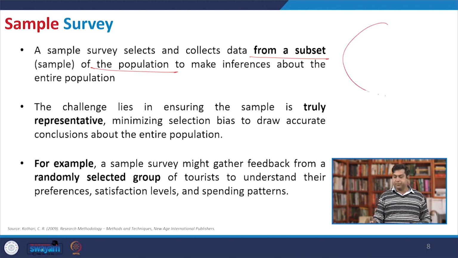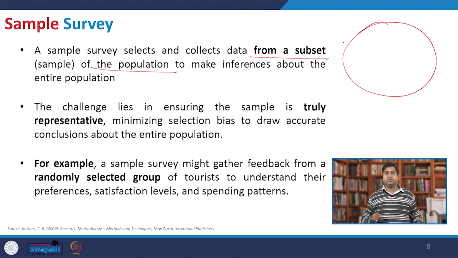So, if this is the population, you take out a chunk of it which is representative. It is something like, for example, when we celebrate a birthday with the cake cutting, or maybe sharing a pizza slice.